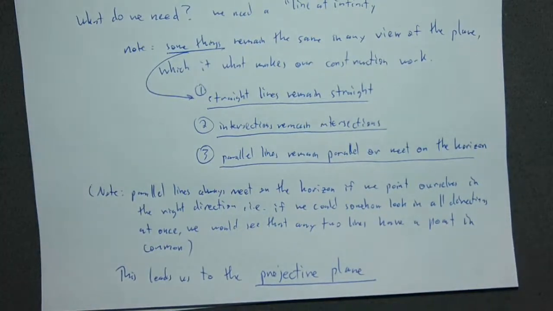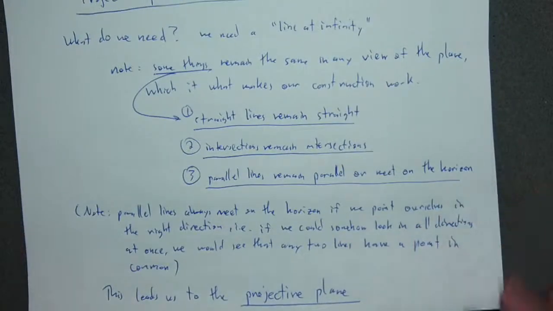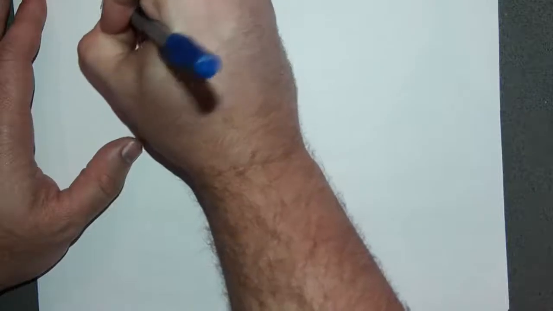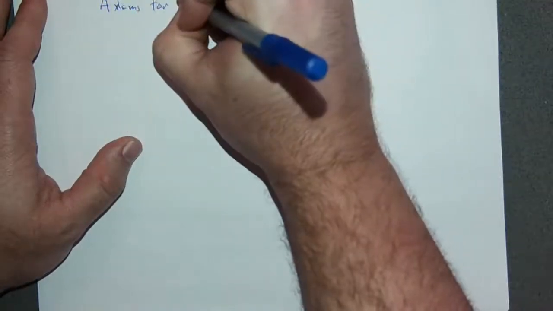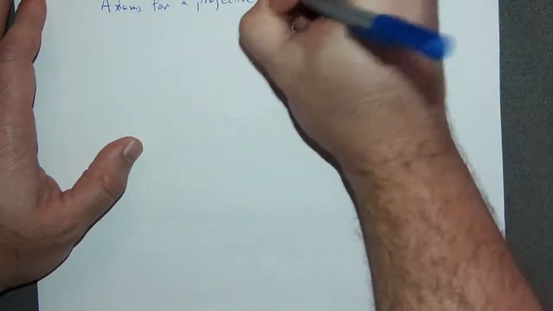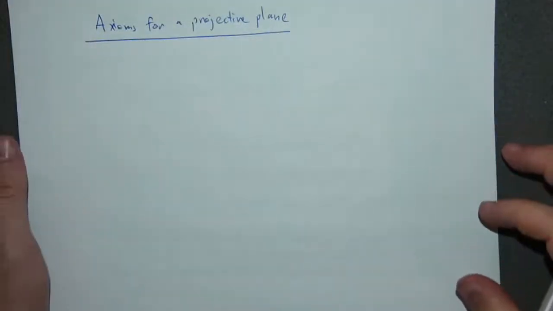So we are going to come up with a model for this that I describe here in a second. So this leads us to the projective plane. Okay, so axioms for a projective plane. What are those?